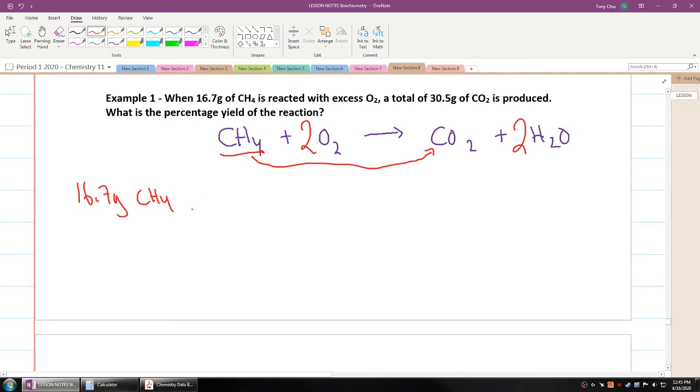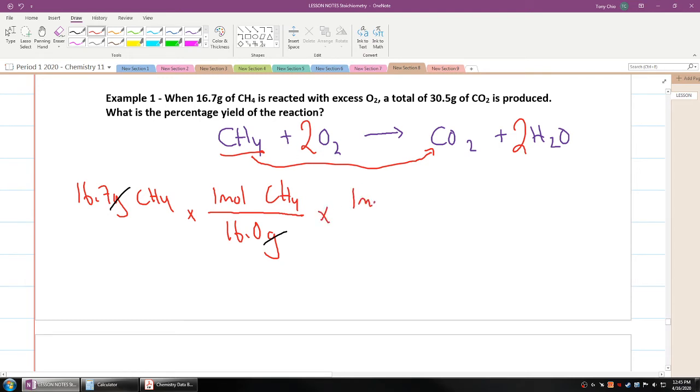16.7 grams of CH4. We want to get to moles, because we want to convert to CO2. So we know 1 mole of CH4. What's the molar mass of CH4? Well, we have carbon 12 plus 4, that's 16.0 grams. So our grams will cancel out. Now we want to cross the mole bridge.